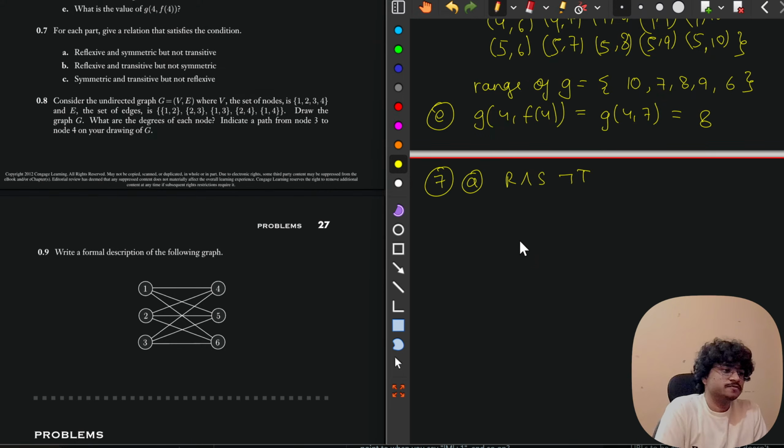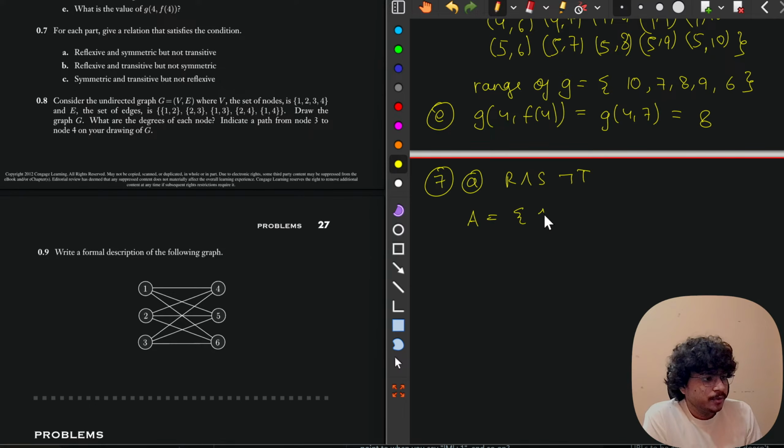Give a relation that satisfies this condition. Let's take a set A, which is 1, 2, 3. I must take 1 comma 1, 2 comma 2, and 3 comma 3.